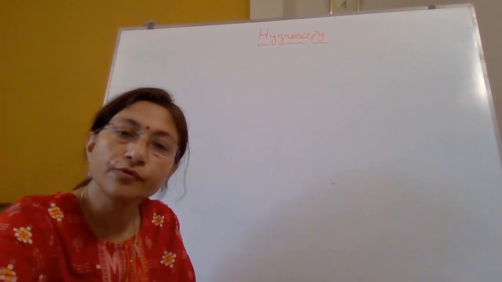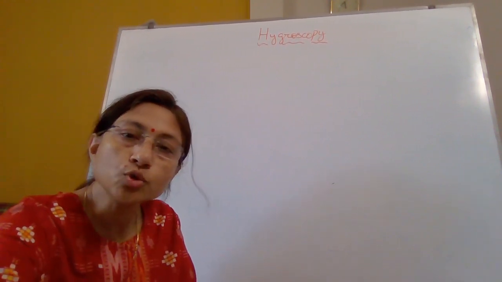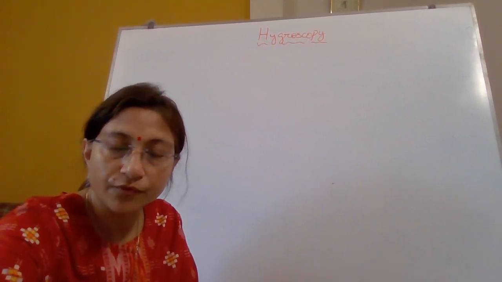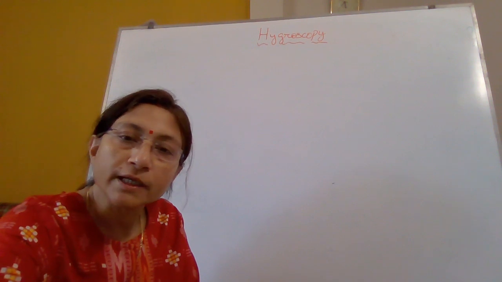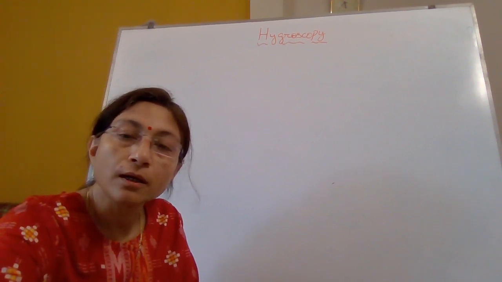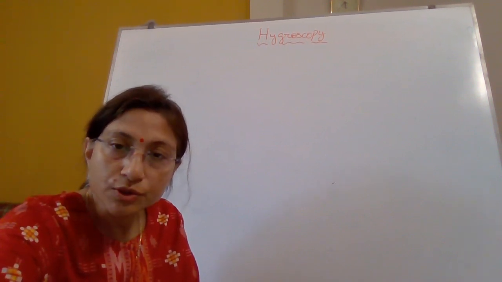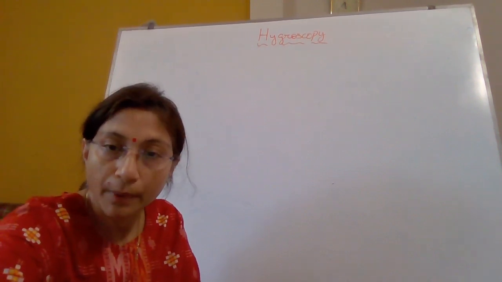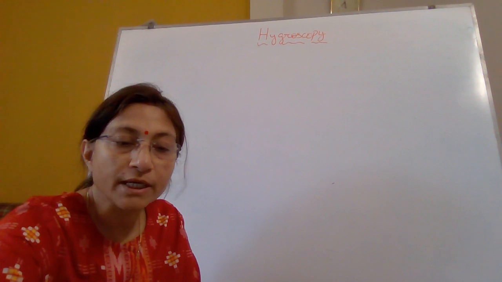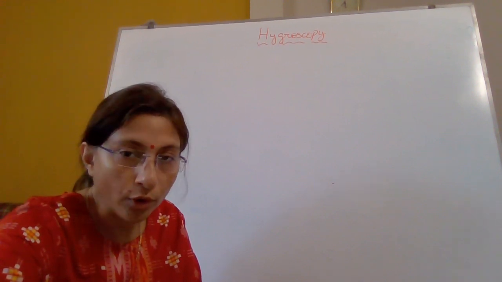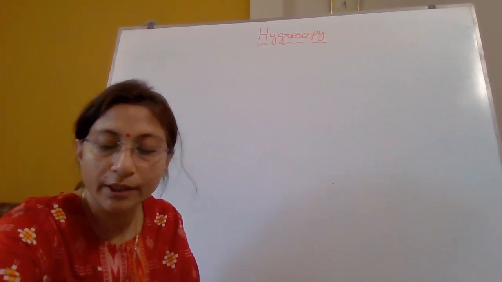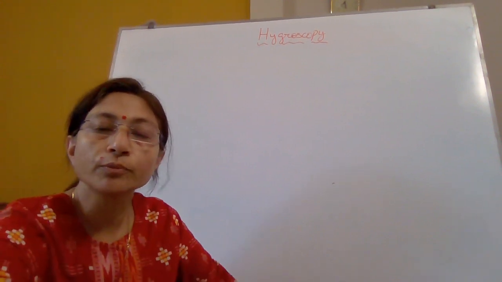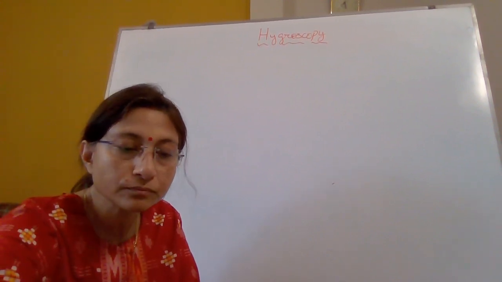So now what is the difference between hygroscopic and deliquescent substances? There is one basic difference, which is that deliquescent substances form a saturated solution as soon as they are exposed to the atmosphere, but hygroscopic substances do not form any kind of solution. That means they do not dissolve although they absorb moisture from the atmosphere.